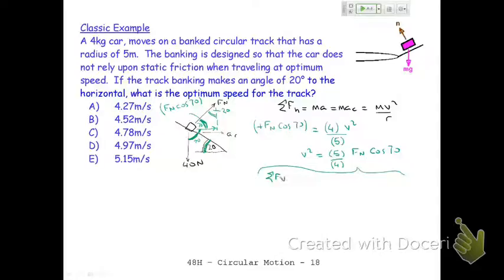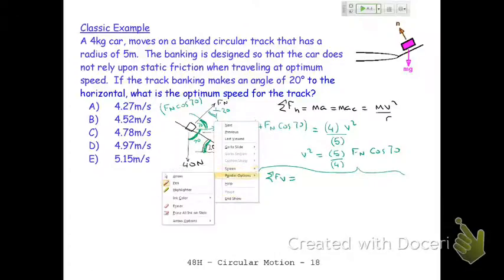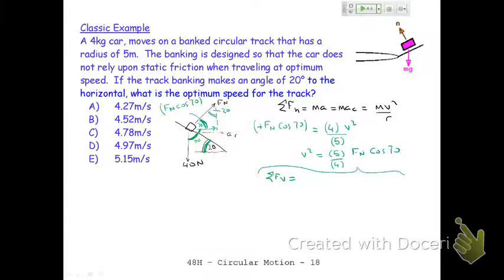Sum of the forces vertically equals... What's it going to be vertically? Let's do this in a different colour. What are the forces going to sum to vertically? 0, because it's not accelerating upwards or downwards.